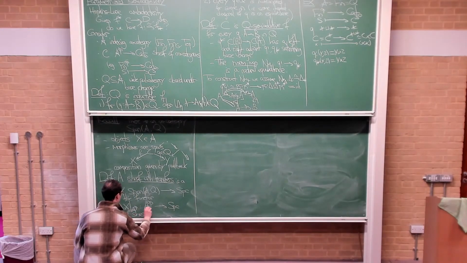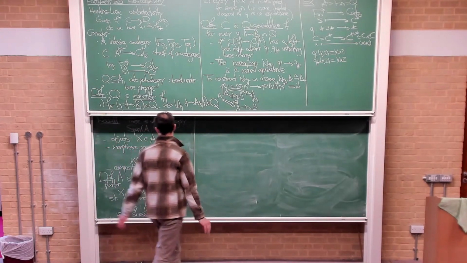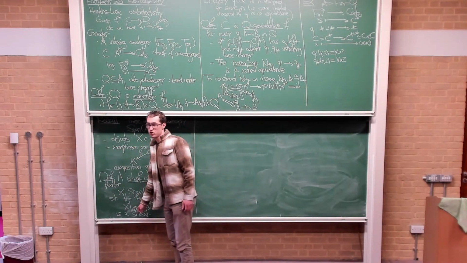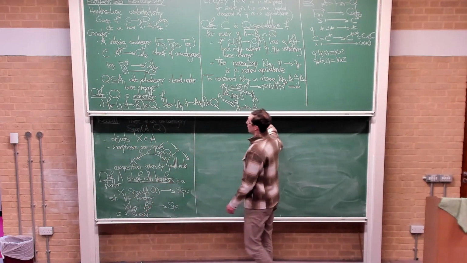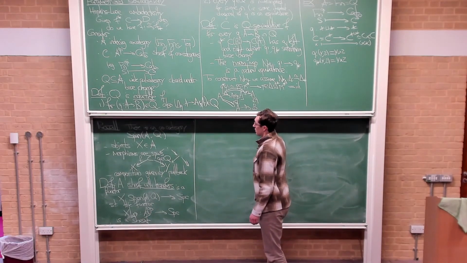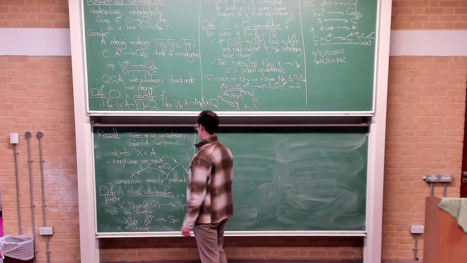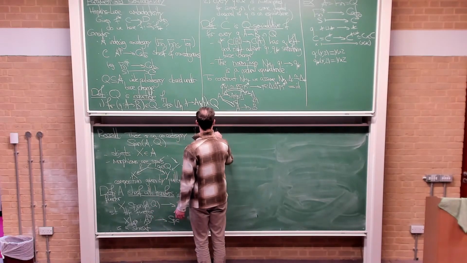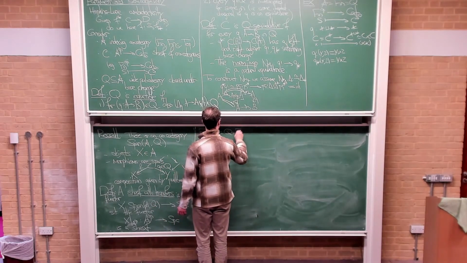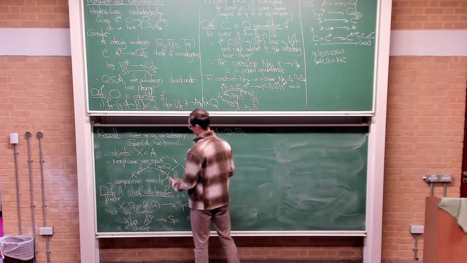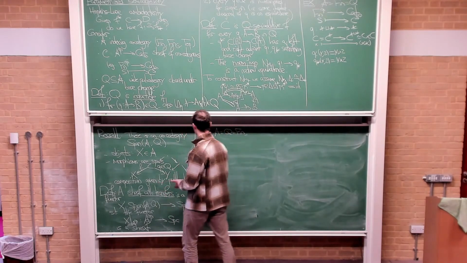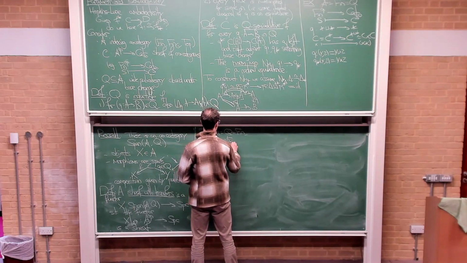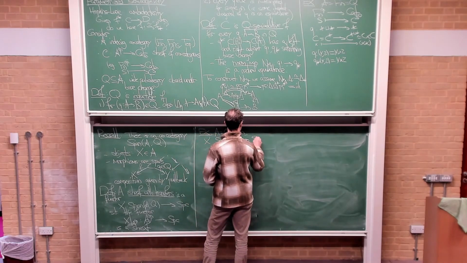I didn't really mention any Grothendieck topologies, but depending on context, it will be clear what you mean by sheaf. So let me do the explicit case of finite sets, for instance. If A equals Q equals Fin, what I'm talking about is product preserving functors from the span category of finite sets into spaces.